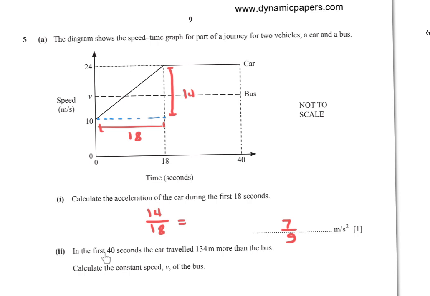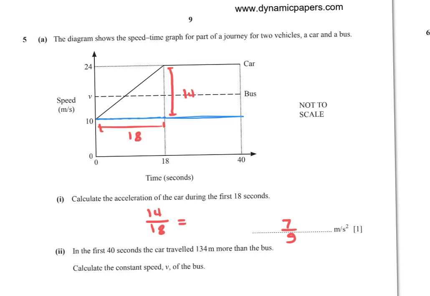b i. In the first 40 seconds, the car traveled 134 meters more than the bus. Calculate the constant speed of the bus, V of the bus. We can find the distance covered by the car. Distance equals the area under the curve. So to find the distance covered by the car, we can divide this area under the curve into a rectangle plus a trapezoid.